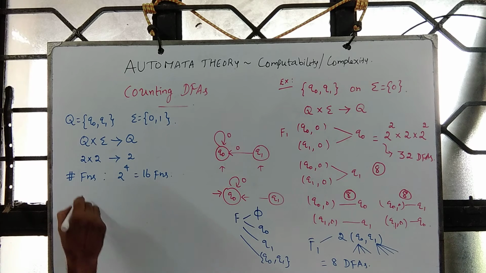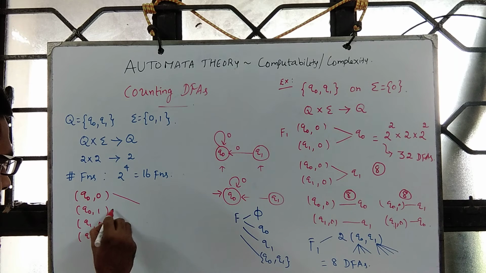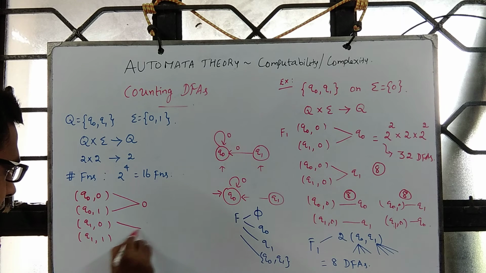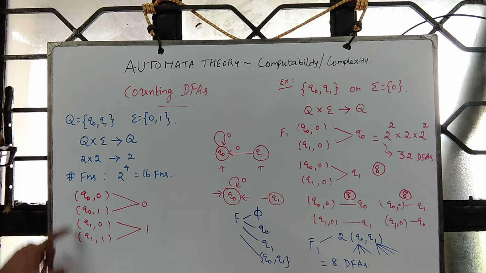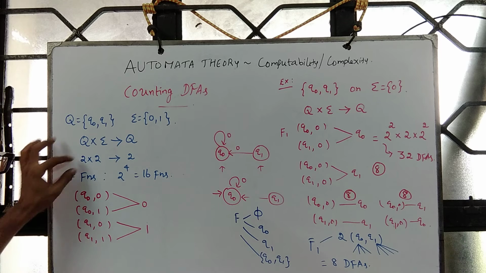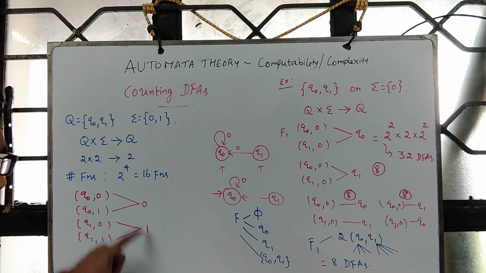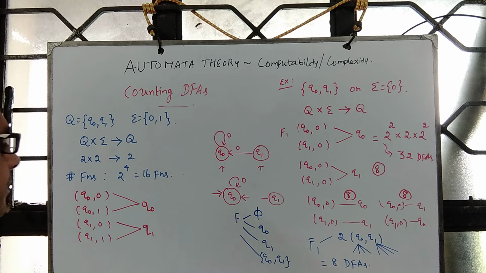So take one function. Here you will have entries like this, right? (q0, 0), (q0, 1) and (q1, 0), (q1, 1).